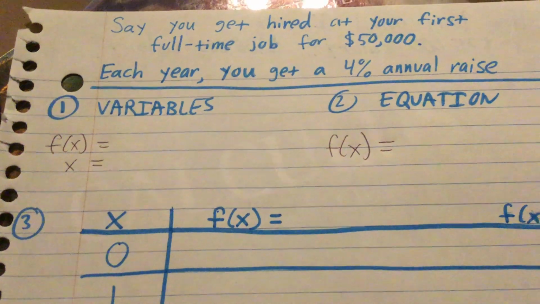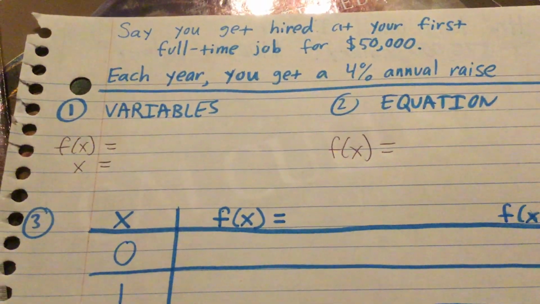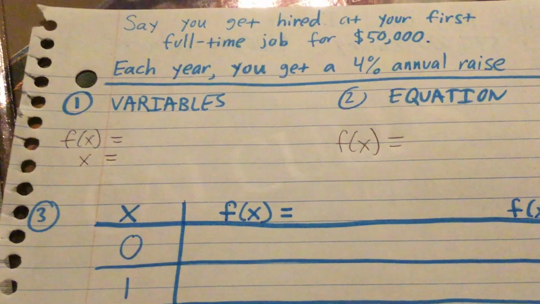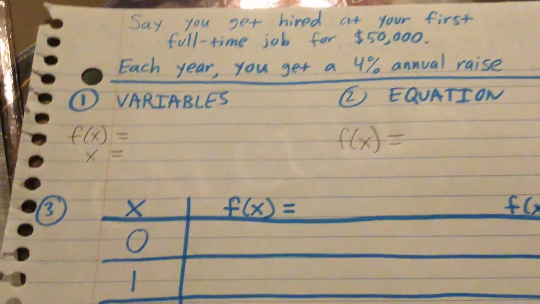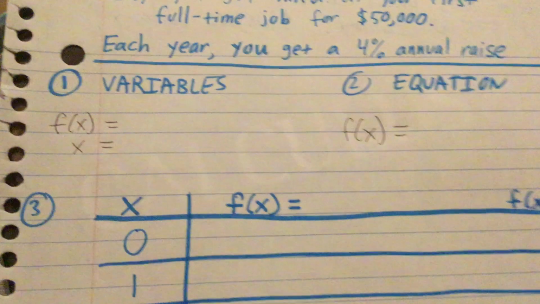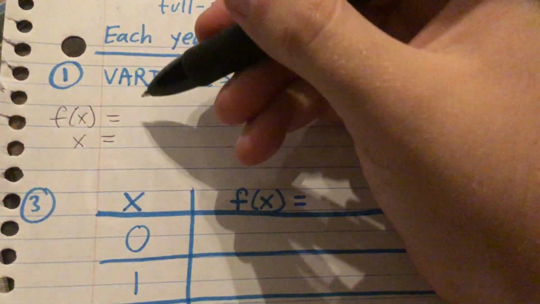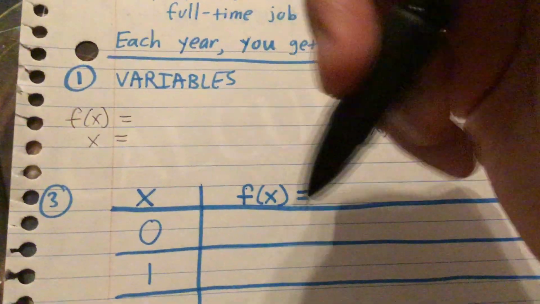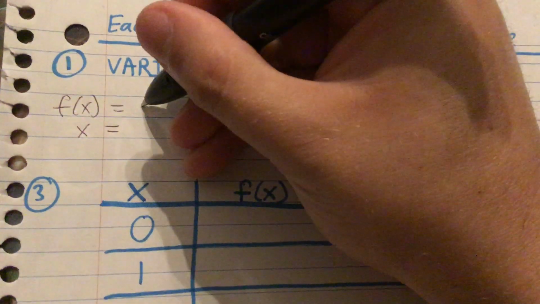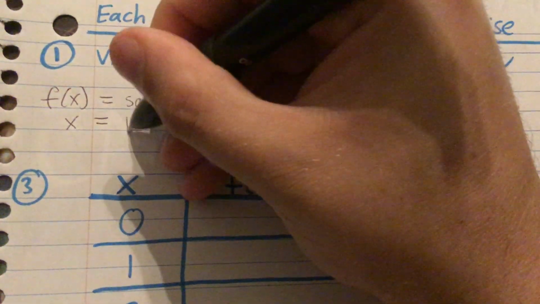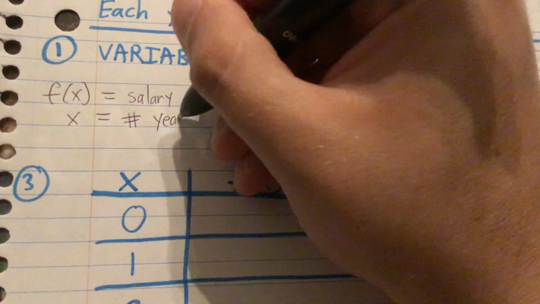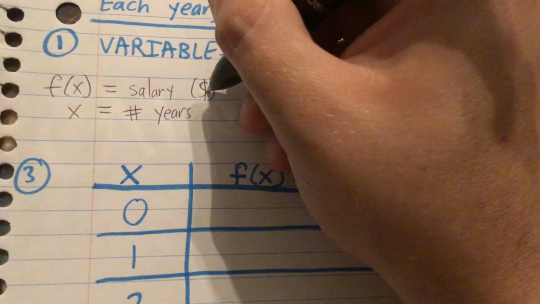So suppose you get hired for your first job at $50,000 a year, and every year you increase your salary by 4%. So let's get the variables out of the way and let's have fun with this. Your salary depends on how many years it's been since you've worked there. Your salary is measured in dollars, and x is the number of years you have worked there.